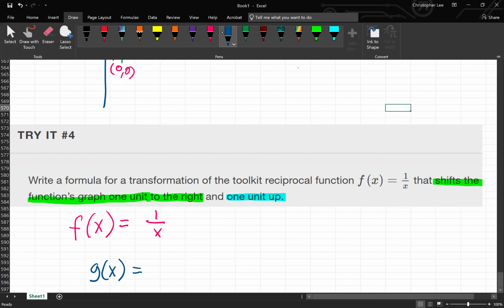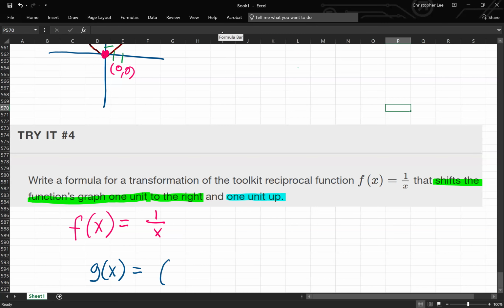So what do we think? x plus one? I give you that. What else? So 1 over x minus 1. Very good.